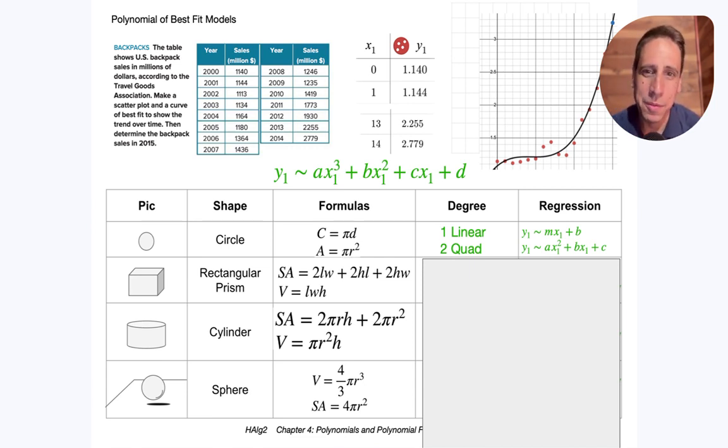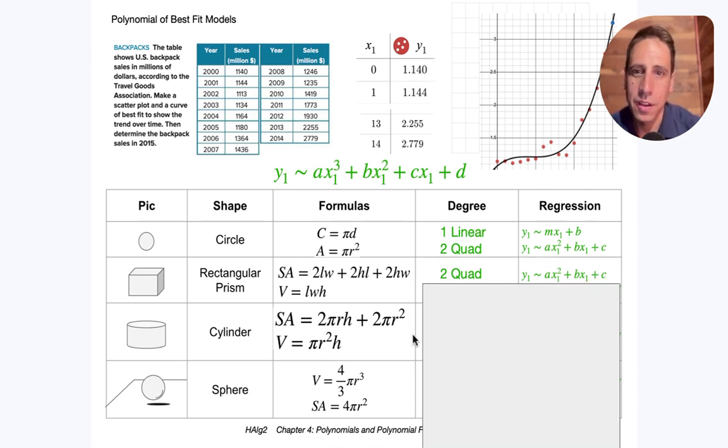And stepping back and thinking about it, area is a 2-dimensional phenomenon. You measure area in feet squared and meters squared, not feet or feet cubed, but just square feet. And so the regression you would need in order to relate these two would be y1 is approximately ax1 squared plus bx1 plus c. Just a general form, every quadratic can be modeled like this for some values of a, b, and c.